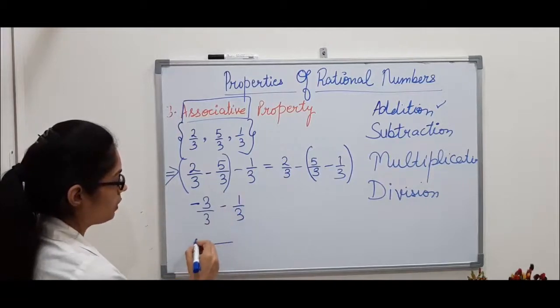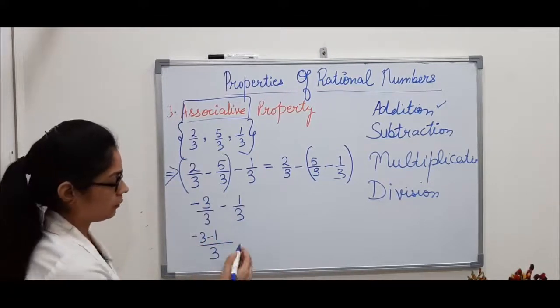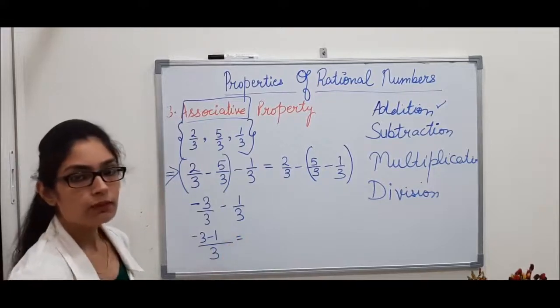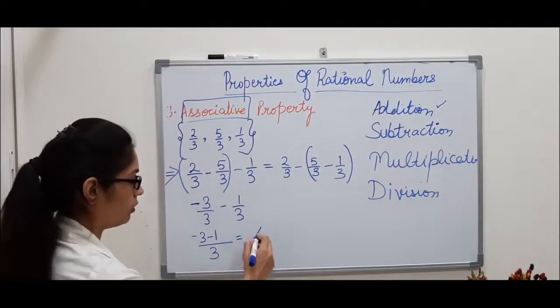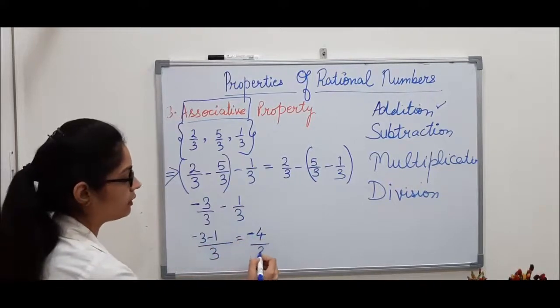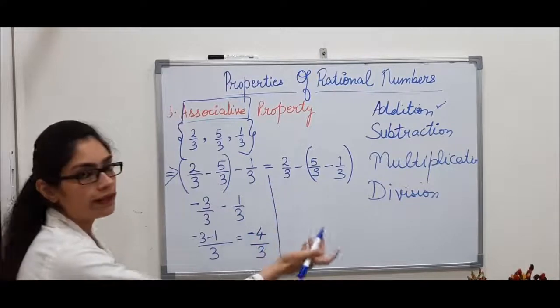Again 3 I will write as it is, minus 3 minus 1. I know minus minus is plus. 3 plus 1, 4, with a sign of minus. Minus 4 by 3. Now let's check the right hand side.